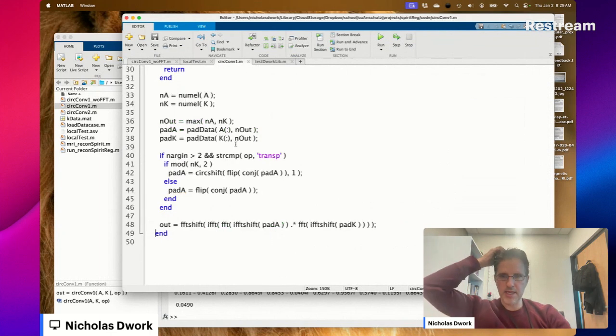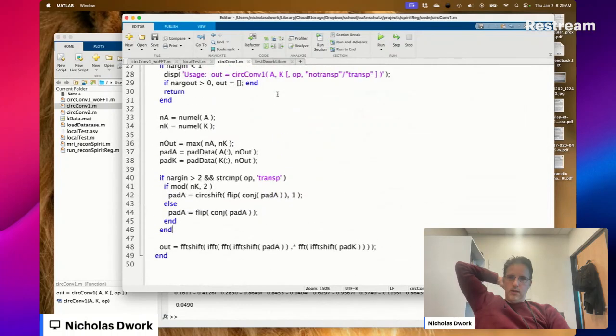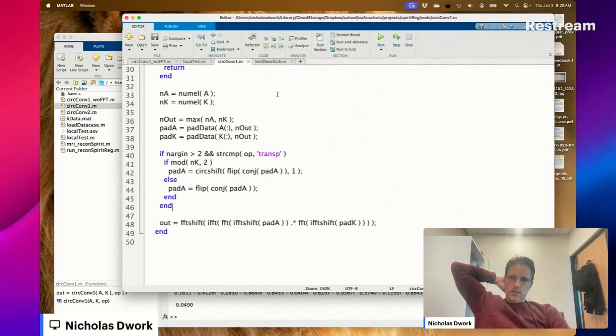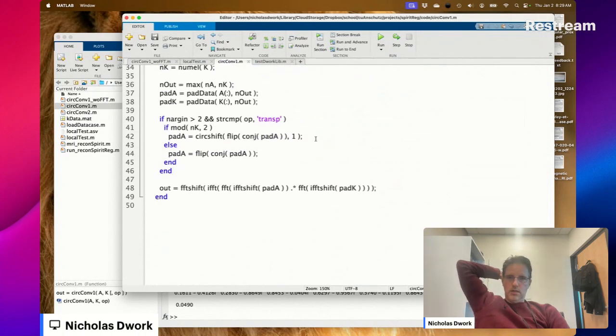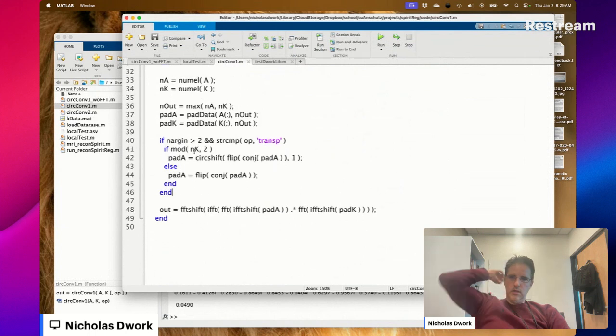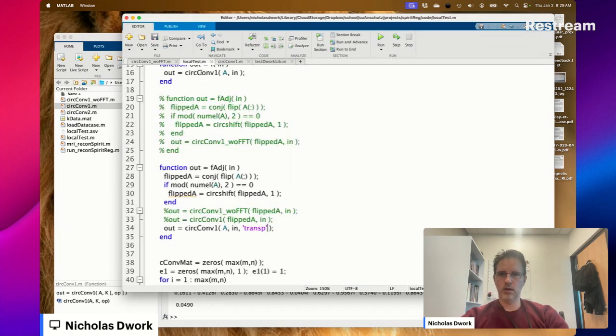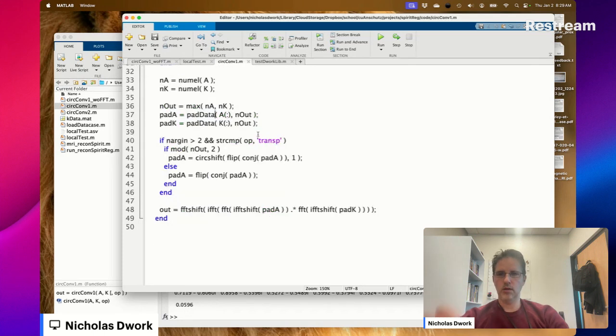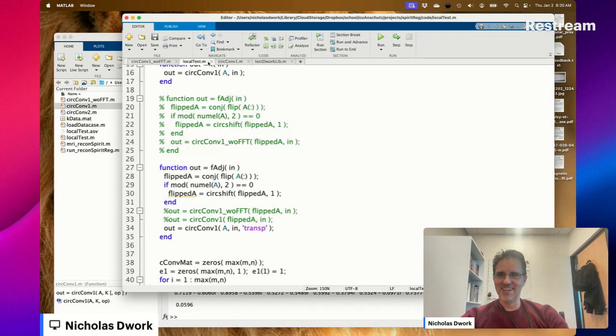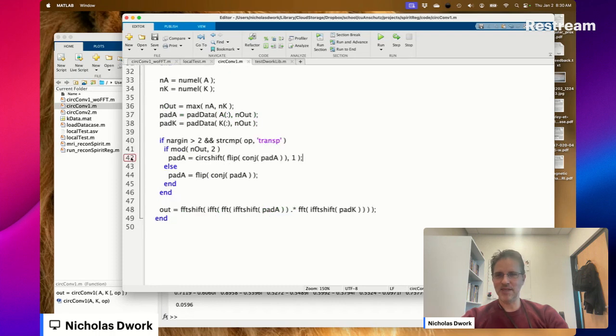Okay, so the problem is in this little code right here. This tiny little code is giving me the problem.